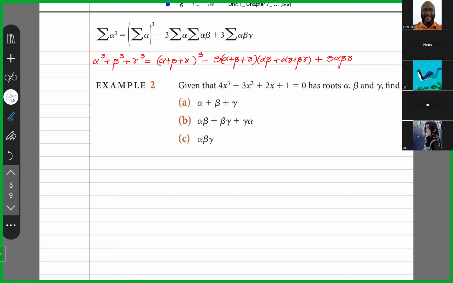With that in mind, please have a go at example 2.